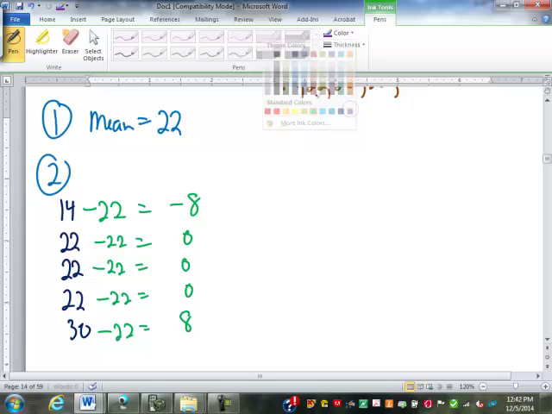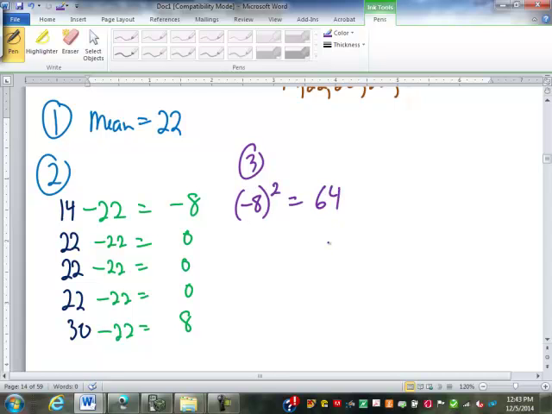What is step 3? Square each. So negative 8 squared is 64. 0 squared is 0. 0 squared is still 0 and still 0. And 8 squared is 64.